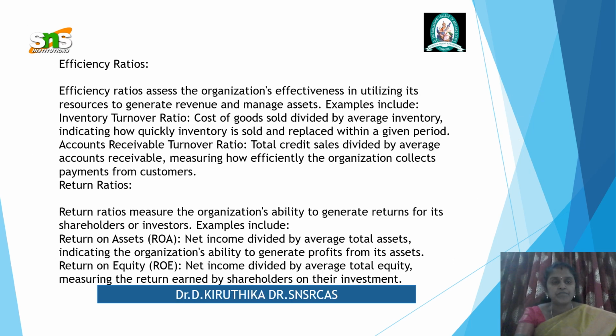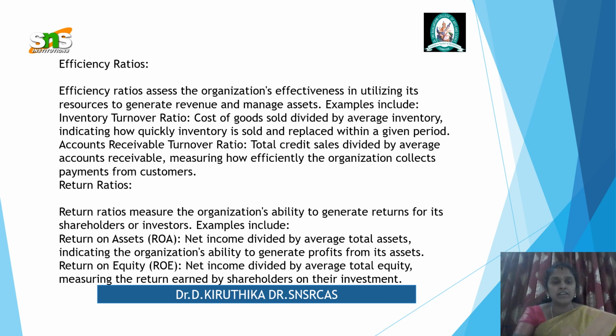Okay. So the next ratio, other than your liquidity and solvency, is your efficiency ratios. It helps to analyze the organization's effectiveness in utilizing its resources to generate revenue and manage its assets. Examples: inventory turnover ratio and account receivable turnover ratio. The inventory turnover ratio is nothing but cost of goods sold divided by the average inventory.